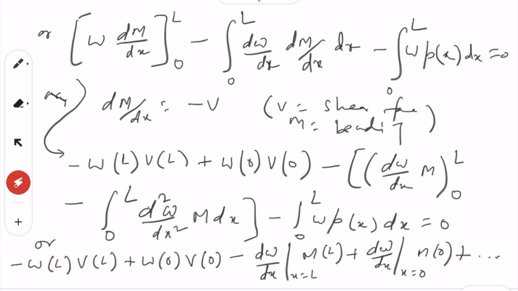If the slope is given at x equal to L, then this term will be 0. If slope is given at x equal to 0, then this term will also be 0. However, if the bending is given at x equal to L, then this will be there. If instead bending at x equal to 0 is given, then this term will also be there. So, we have all the boundary conditions we can see here, everything is here already, okay.